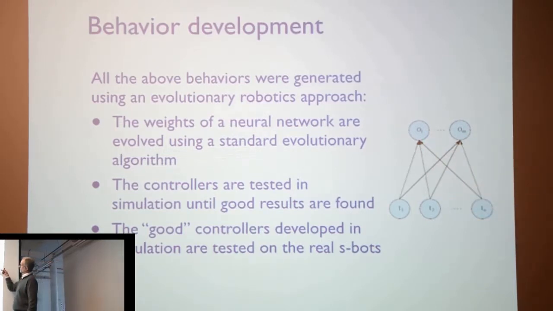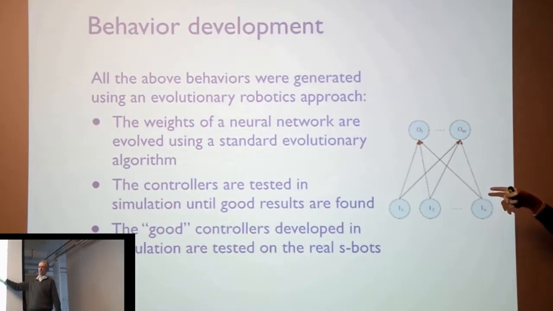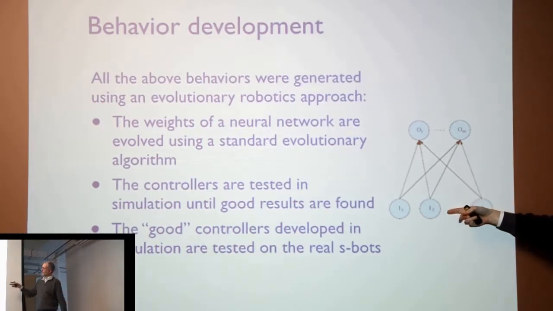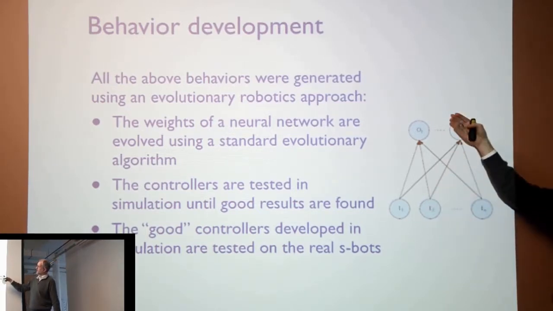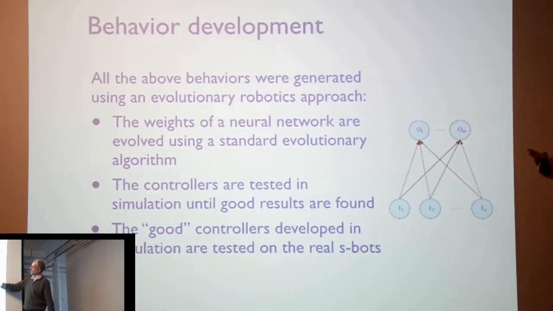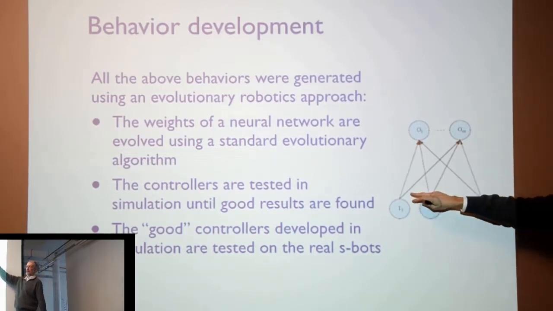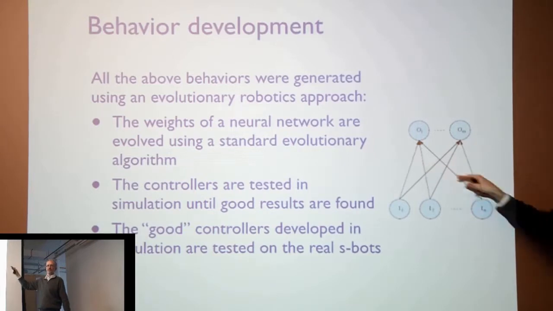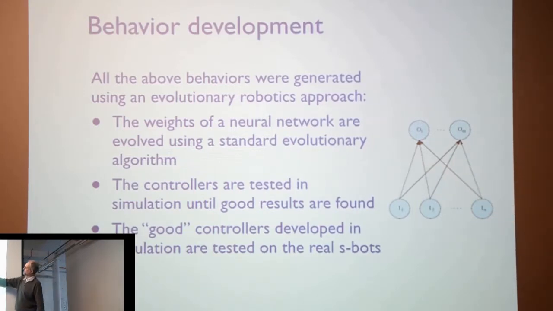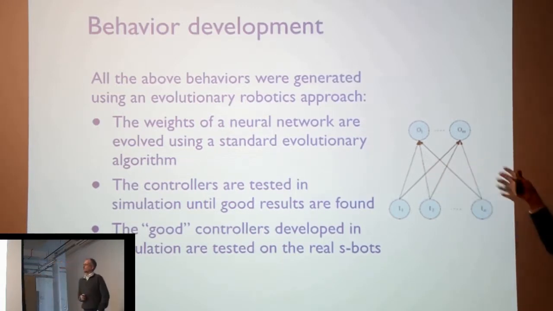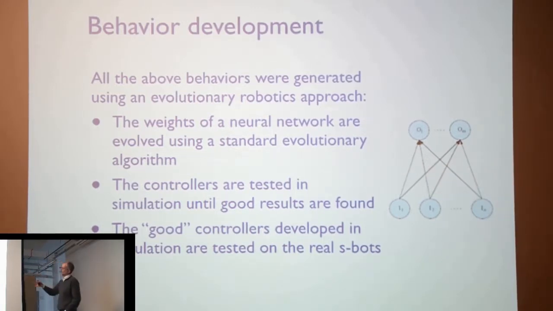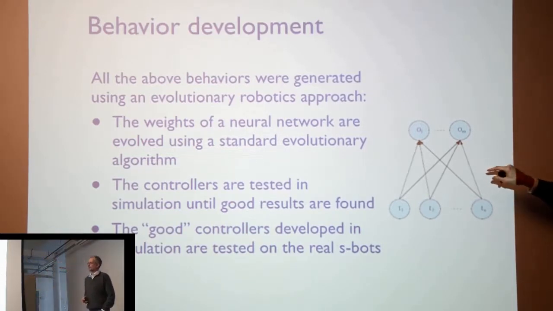The problem with these neural networks is that finding the mapping between the input and the output is not that easy. It is given by weights, by numbers that you add on these connections. To find the values of these numbers, we have used a genetic algorithm.